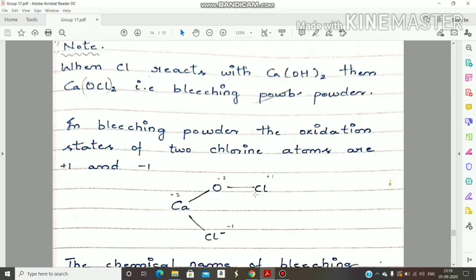But this chlorine is attached to oxygen; compared to oxygen, chlorine has less electronegativity, so oxygen gains electrons from chlorine, and this chlorine loses electrons, so this exhibits +1 and the other exhibits -1. So this is a very important point. In bleaching powder, 2 chlorine atoms are present, but both exhibit different oxidation states, +1 and -1 respectively.